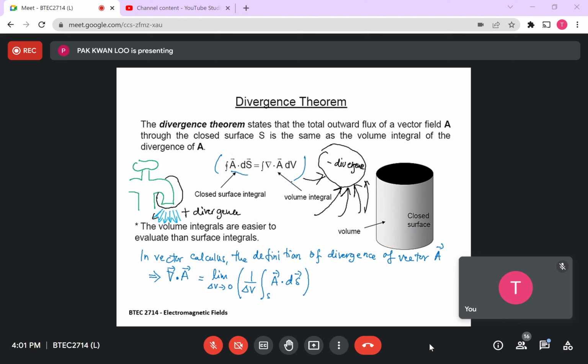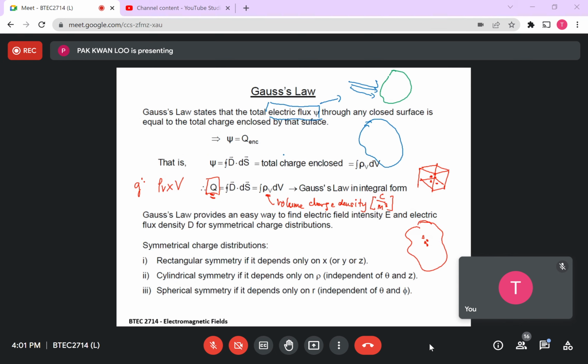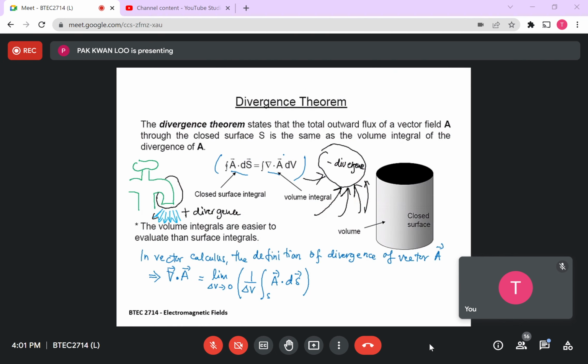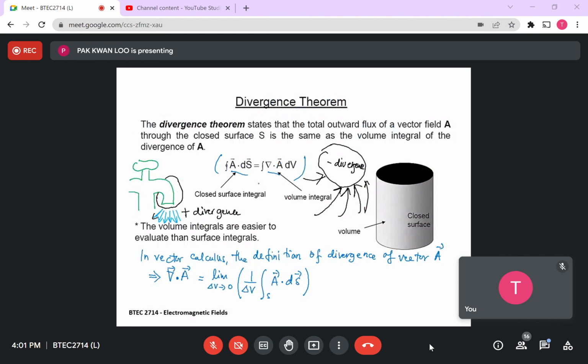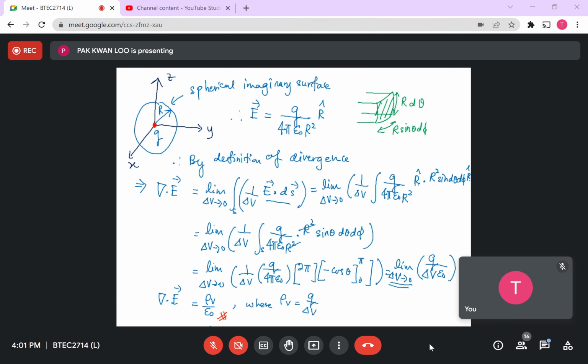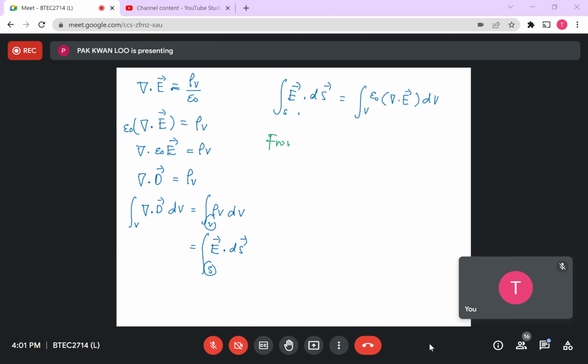And therefore, if we compare to Gauss law, starting from the divergence theorem, I'm going to replace A with D. So I'm going to rewrite this again, the divergence theorem, from the previous definition.